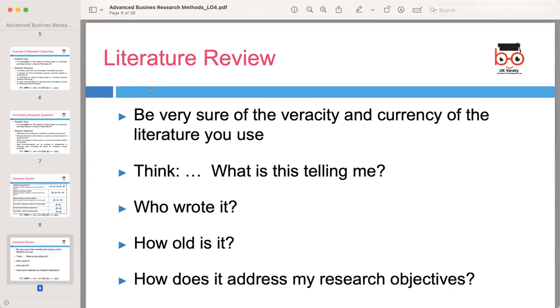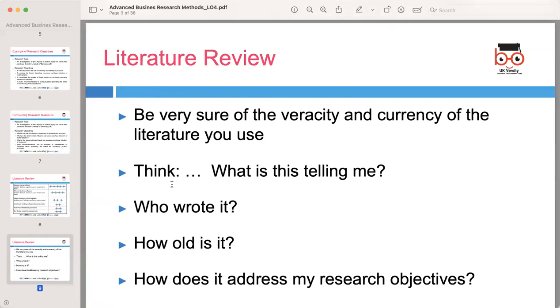Literature review. It's about being very sure of the veracity and currency of the literature you use. Think, what is it telling me? Who wrote it? How old is it? How does it address my research objectives?